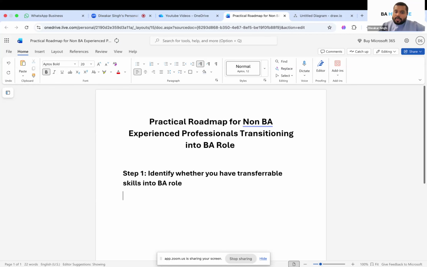This is a stage where a lot of people don't focus, or they make an instant decision that they just want to move into a BA role or become a BA. But I would suggest you take a pause and first think about whether you have skills in your current experience, or whatever experience you have, which can be utilized in a BA role.